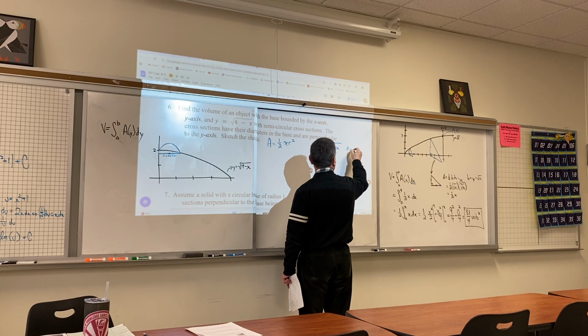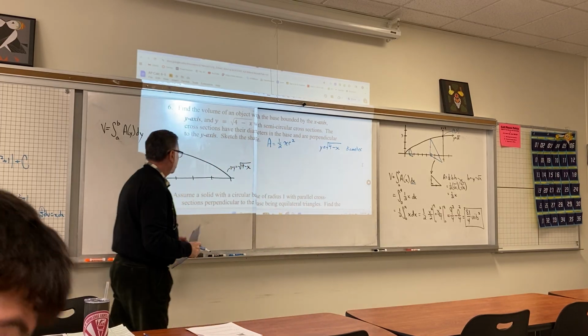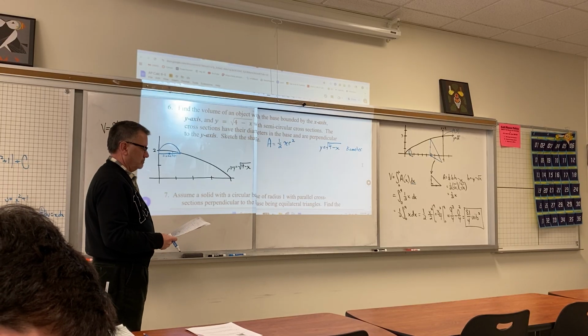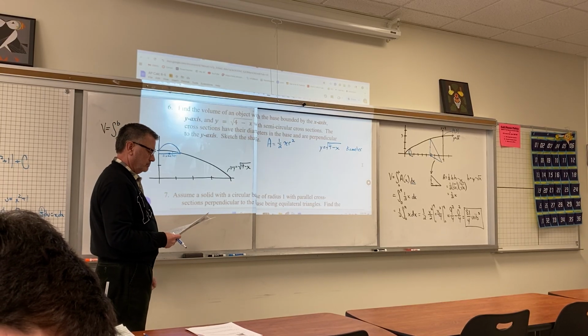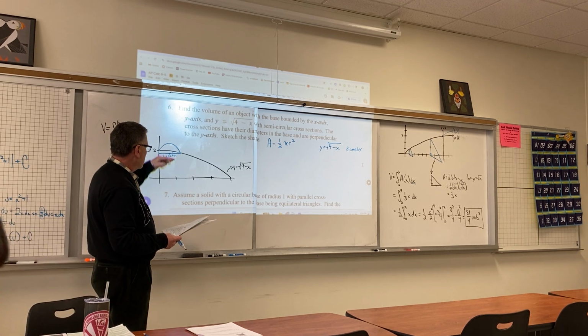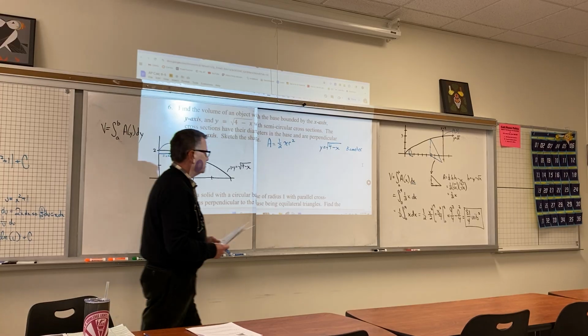That's the diameter. And I'm going to have to put it in terms of y because I'm building these things across the y-axis.